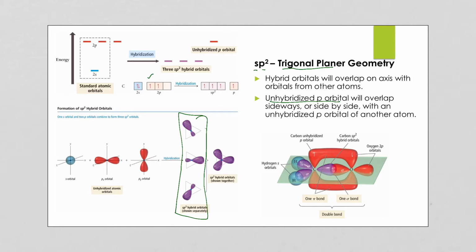They fill just like we would if these were 4 equal energy orbitals, following Hund's rule. We get 1 in each, and then 1 electron in our unhybridized p orbital. So we now have this look, with 1 electron in each of these.